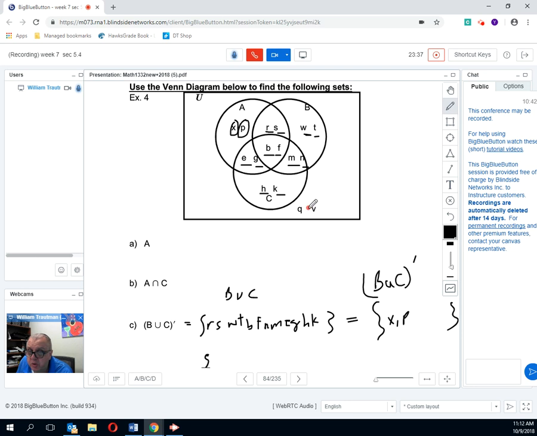However, there's two more letters that are not in B or C: Q and V. So this is the final answer. In order to get to this, I had to find B union C and then find out what was not in it. That symbol means not.